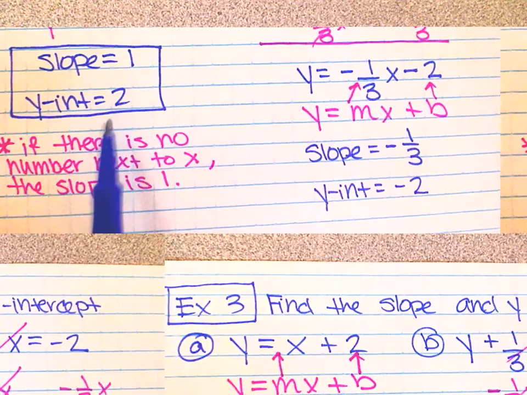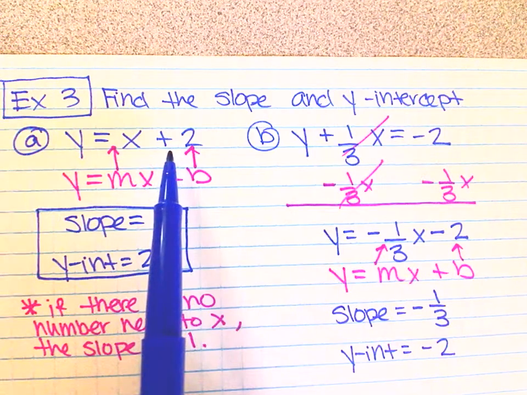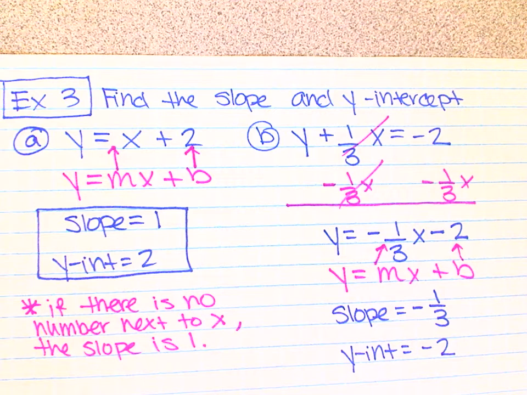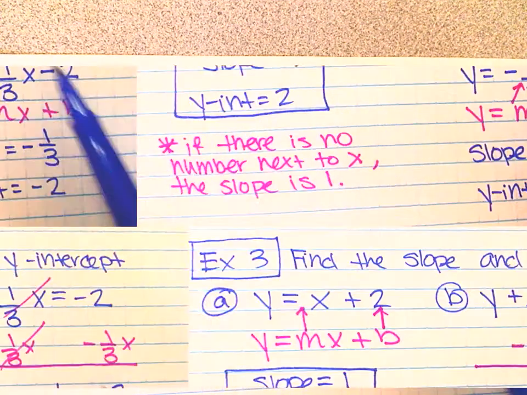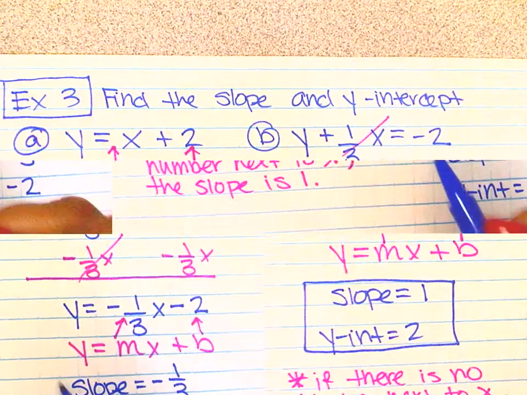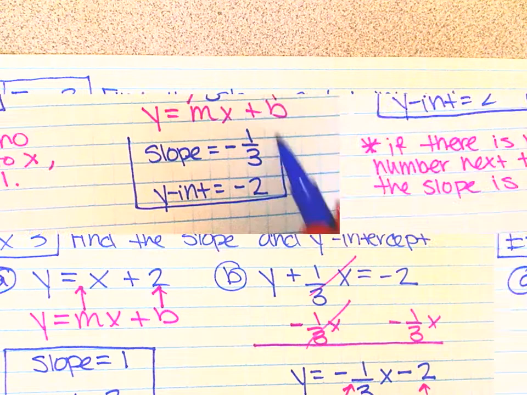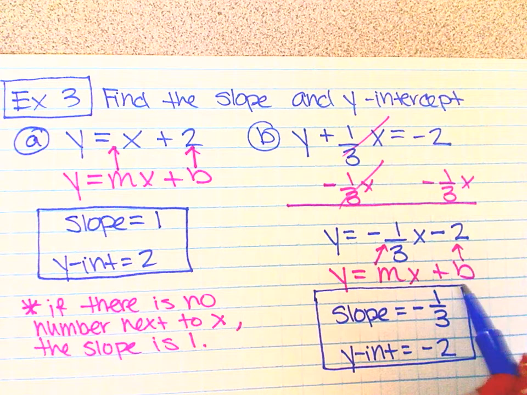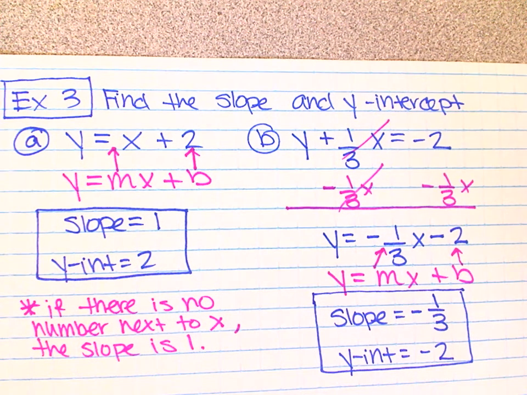The reason that we just wrote 2 here is because I'm not going to write plus 2. Positive 2 is 2. But this whole answer with the negative is negative 2. That's it. You've identified what the slope is, and you've identified what the y-intercept is. Easy peasy.